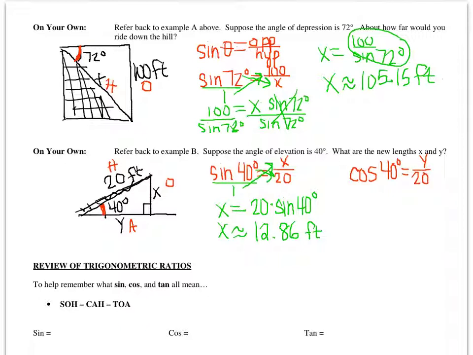So once again, I can turn my problem into two fractions, and I can cross multiply. 1 times y is y, equals 20 times the cosine of 40 degrees. So y is about equal to, if you put that into your calculator, 15.32, and my unit there would be feet as well.